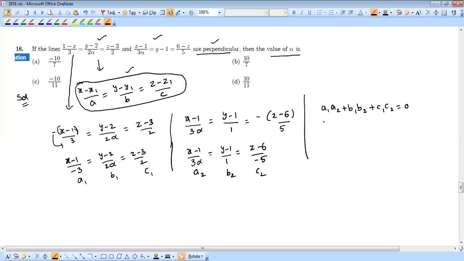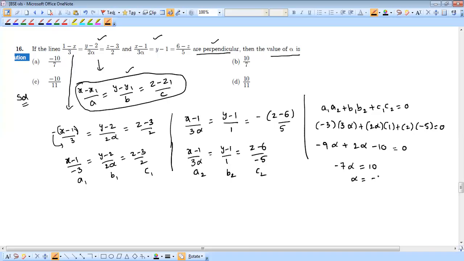Now just apply all these values: minus 3 into 3 alpha, b1 2 alpha into 1, c1 2 into minus 5 is equal to 0. Minus 9 alpha plus 2 alpha minus 10 is equal to 0. Then minus 7 alpha is equal to 10. Alpha is equal to minus 10 by 7.